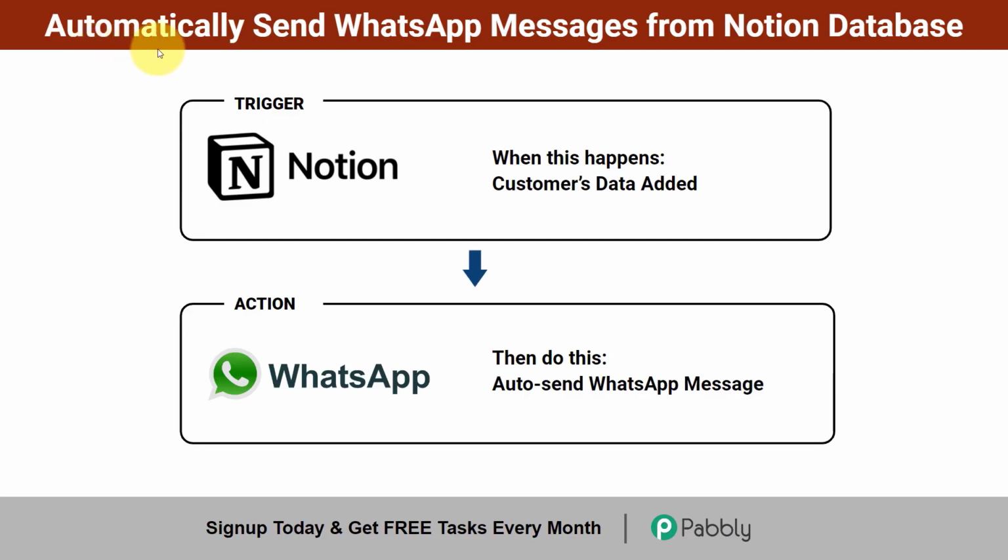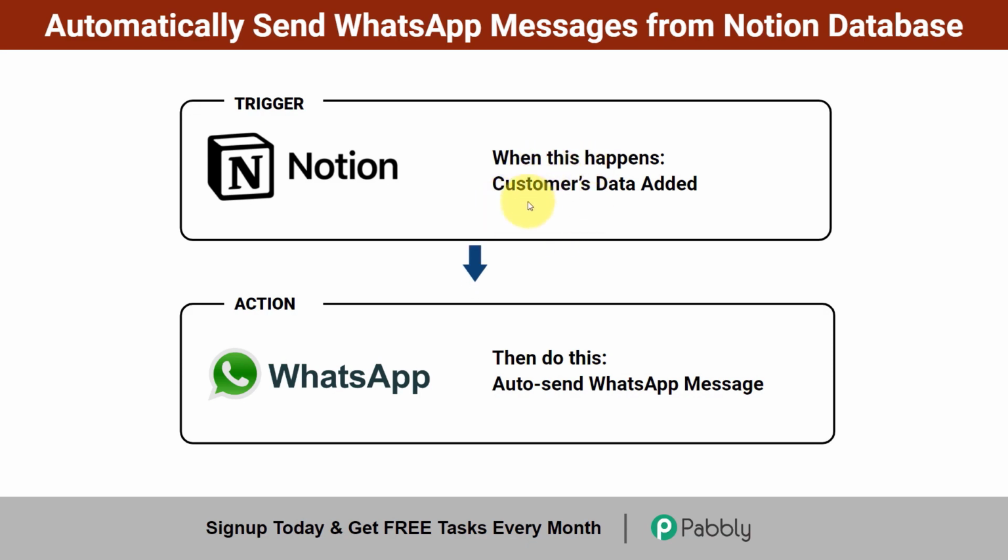In this video, we will learn how you can automatically send WhatsApp messages from a Notion database. So assume that you are adding your customers' data into the Notion software and you also have to send a WhatsApp message to all your customers. Now you have two choices.